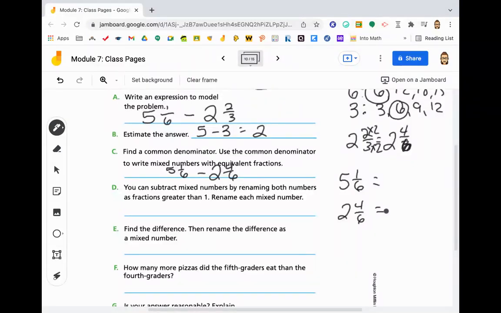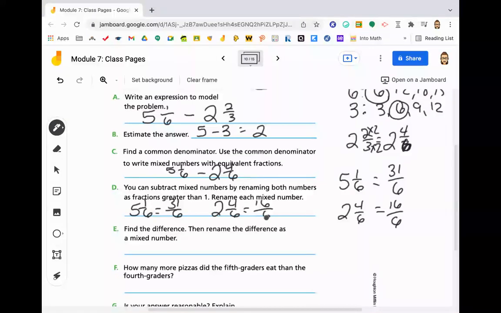So 6 times 5 is 30, and then we add our numerator, so we get 31/6. And we do the same thing. There's 6 in a whole, so 6 times 2 is 12, plus the 4 is 16/6. So 5 and 1/6 equals 31/6. 2 and 4/6 equals 16/6.